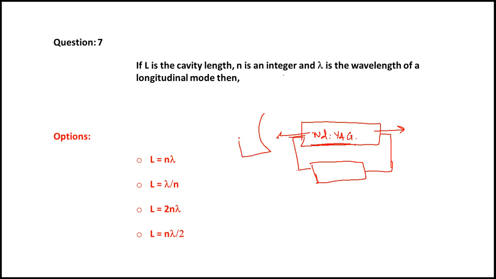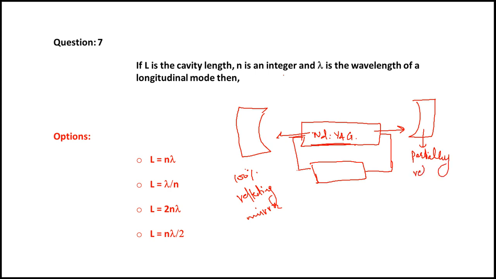And here there is the reflecting mirror. It is a totally reflecting mirror, so I'll write it as a 100% reflecting mirror, and this is the partially reflecting mirror. What we want to understand will not be explained by this diagram.